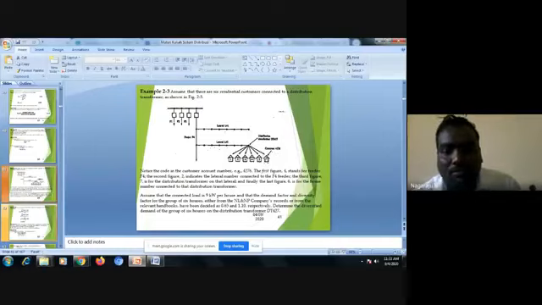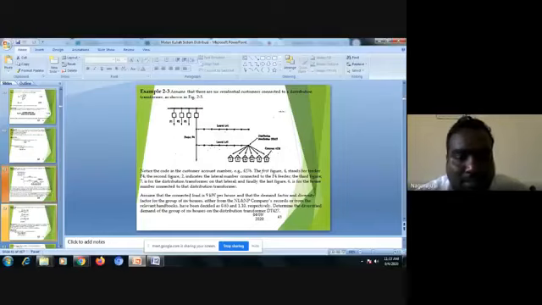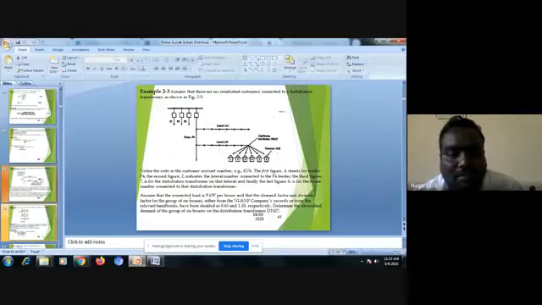Assume that the connected load is 9 kilowatts per house, and that the demand factor and diversity factor of the six houses, either from the company's records or from the relevant handbook, have been decided as 0.65 and 1.10.